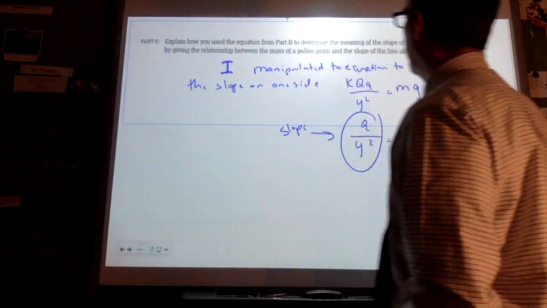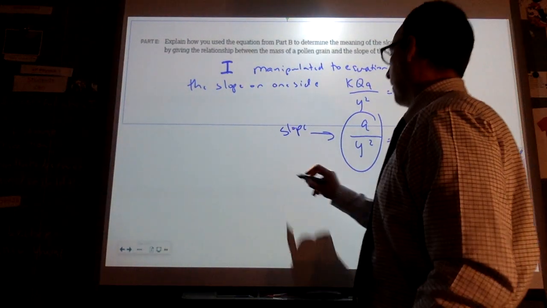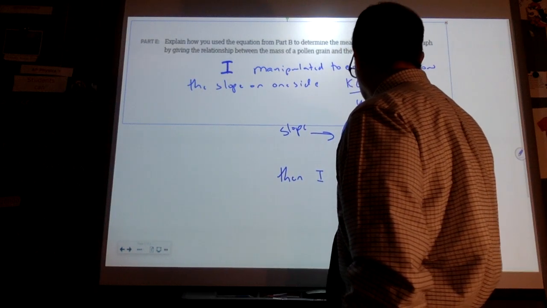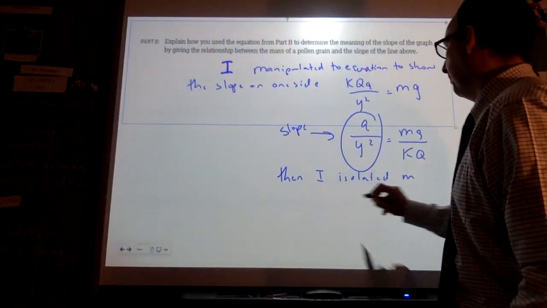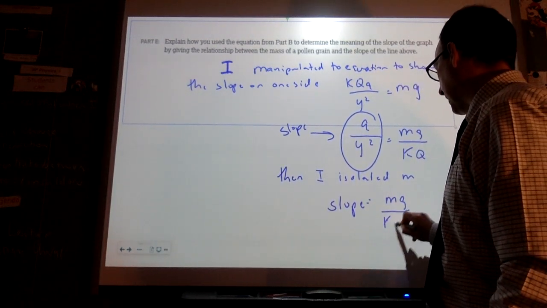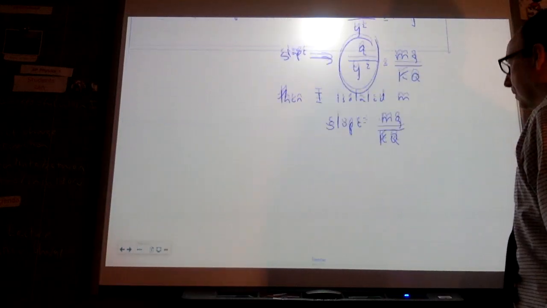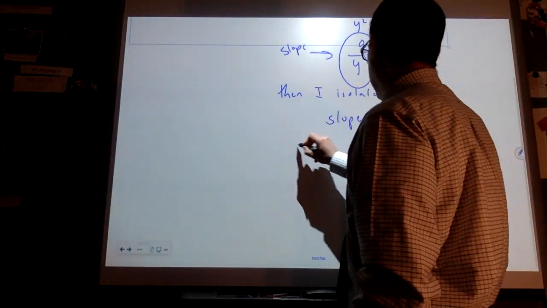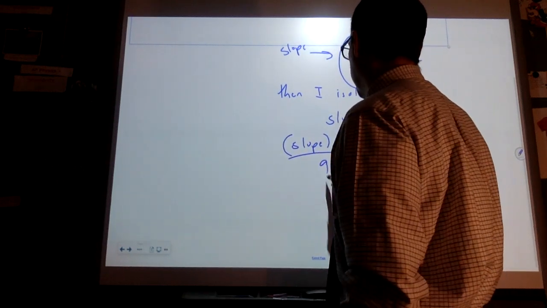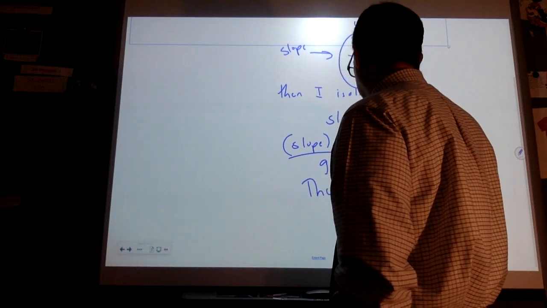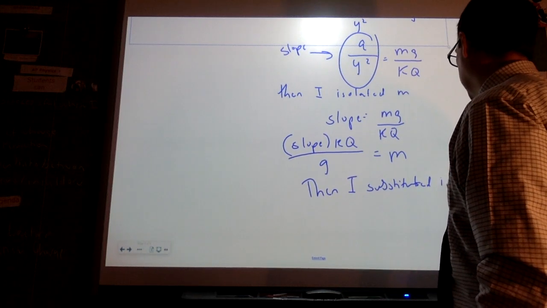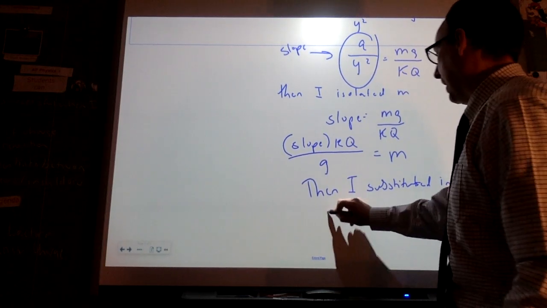This is the slope. Then I isolated m. So I'm saying the slope is equal to mg over kQ. So m is the slope times kQ over g. Then I substituted in numbers and solved.